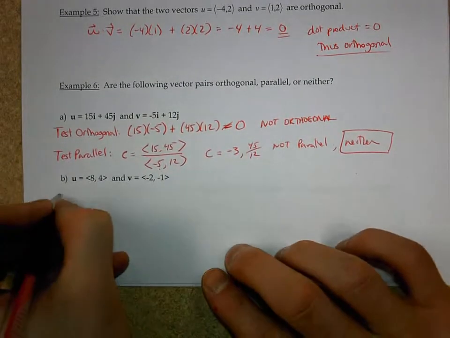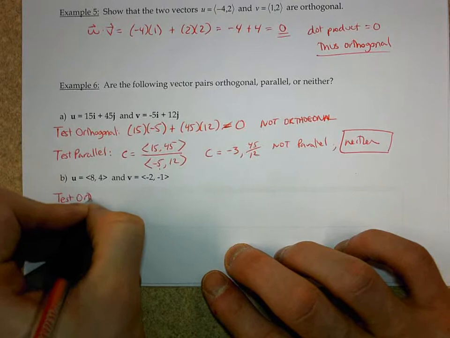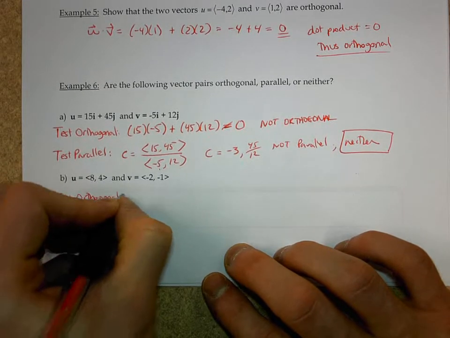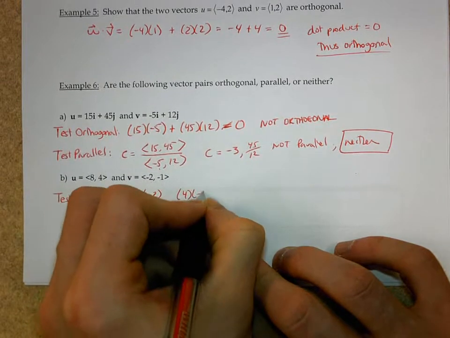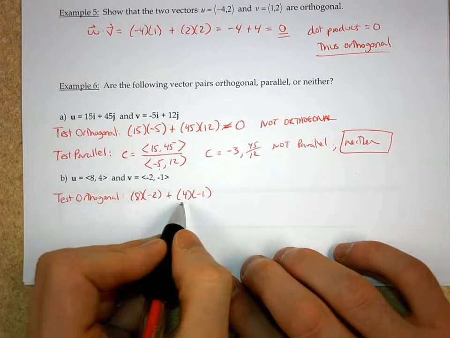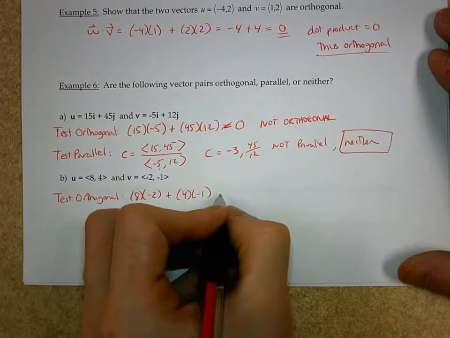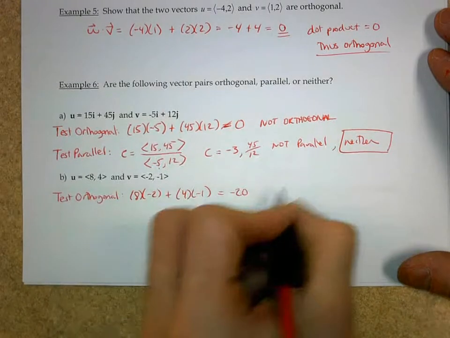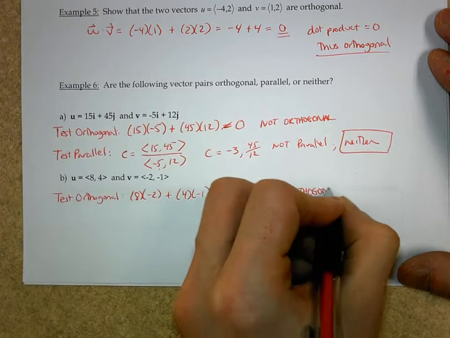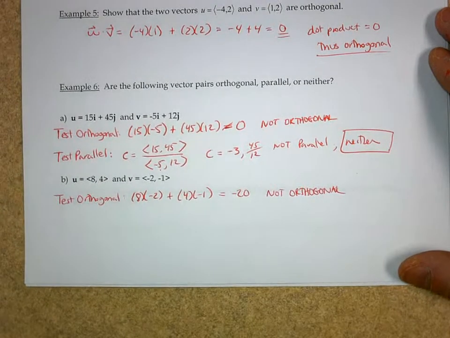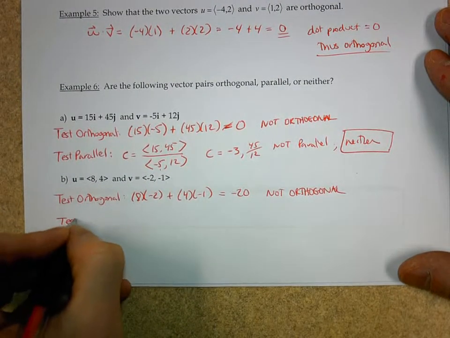So last one here, example B. If I do my test for orthogonal, multiply my x's, multiply my y's, and then add the results, negative 16 and negative 4 is negative 20. So that's not orthogonal.